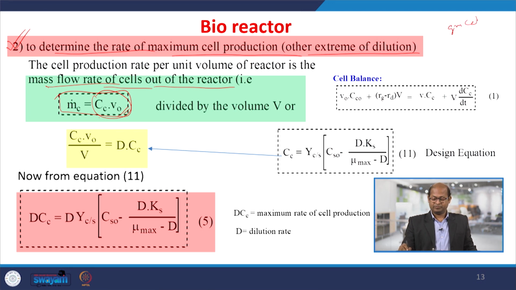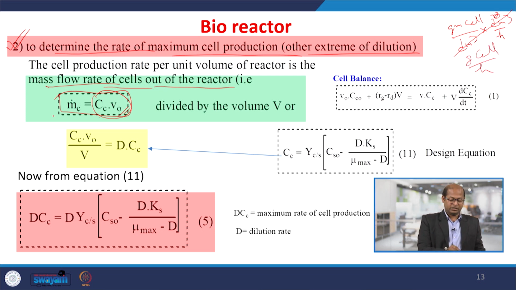Gram cell per dm cube, and the volumetric flow rate has unit dm cube per unit time or hour. So, this dm cube is cancelling out, and m dot c is the gram cell per unit time, that is the mass rate of the cells per unit time.